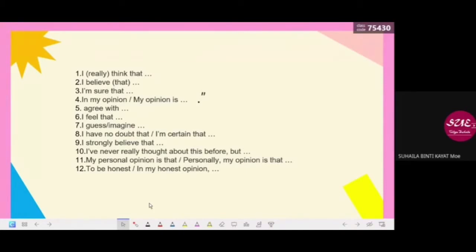So these are 12 simple phrases that you can start with. There are more. If you go advanced nanti, we will see more. At your level, at this moment, at least you know a few of these.